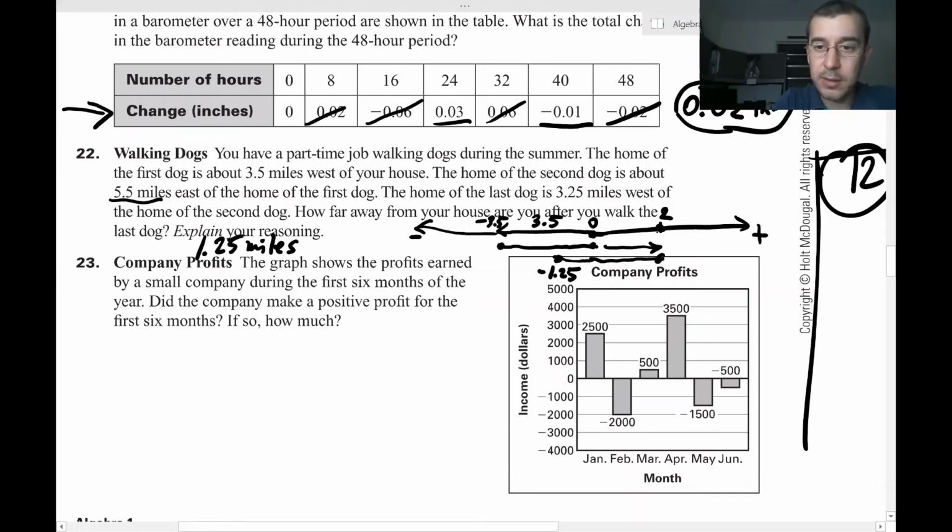So now again, you're going towards the negative side. 2 miles to get to your home, and then you need 1.25 more to make it 3.25. So at the end, you end up 1 mile and a quarter miles away from your home. So this is 1.25 miles away from your house.